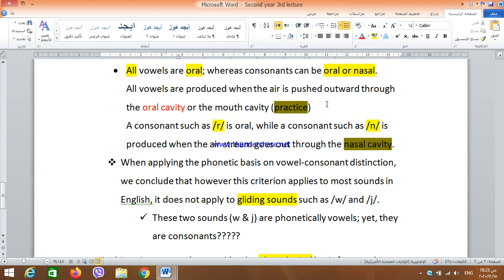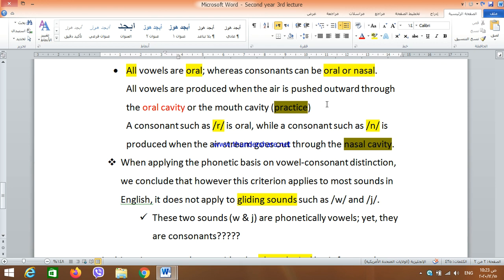All vowels are oral. Examples: E, A, U, A. In the pronunciation of all these vowels, the air goes out through the oral cavity.